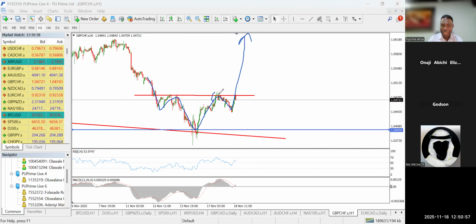Even though at that time price was somewhere around here, it has worked as planned. So what we're waiting for now is a clear breakout above the neckline, and that can still happen today. If price breaks out above the neckline, we'll see an upsurge in price to the upside. So we still remain bullish on the GBP CHF.